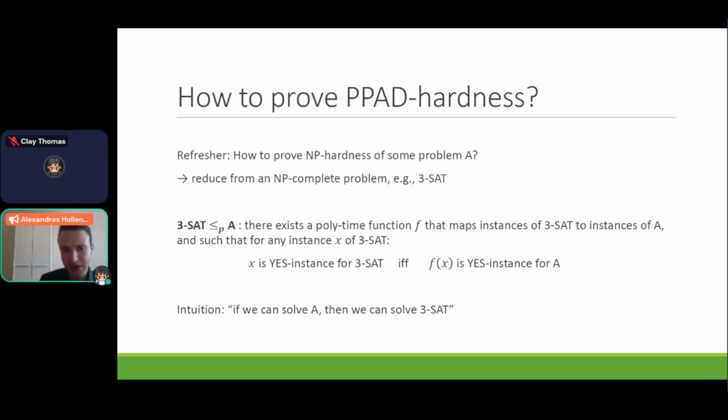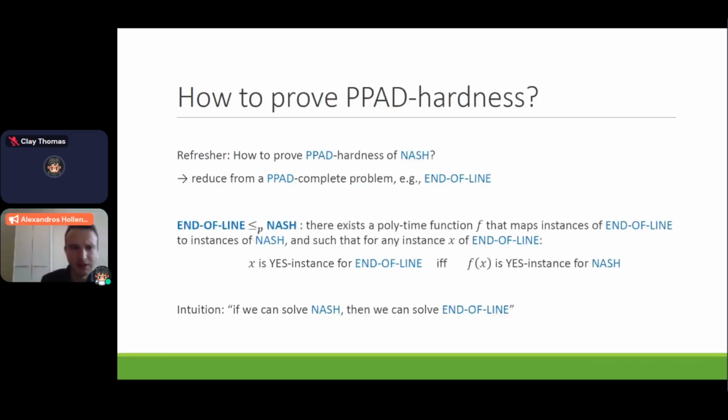All right, so what I'll do is I'll just take the existing definition for proving a reduction from 3-SAT, and just replace everything by End-of-Line. And to make things more concrete, I replace the problem A by Nash. Okay, so how do we prove PPAD-hardness of Nash? We're going to reduce from a PPAD-complete problem, End-of-Line.